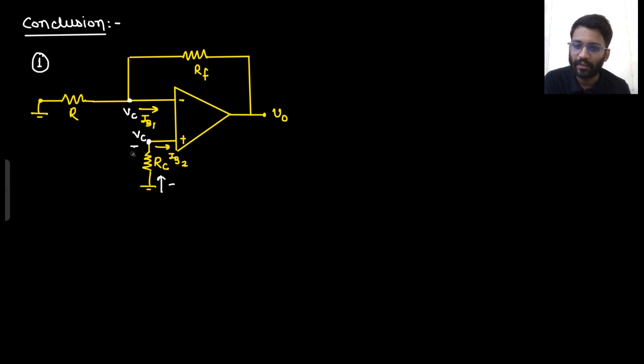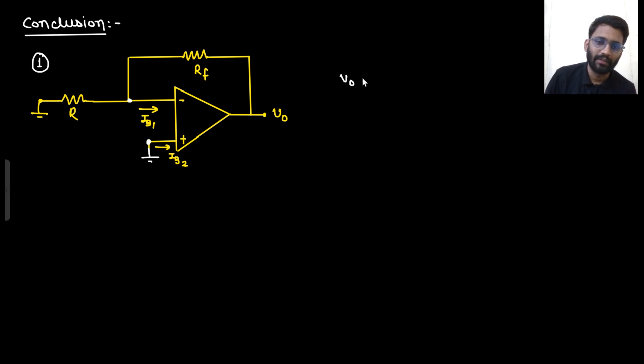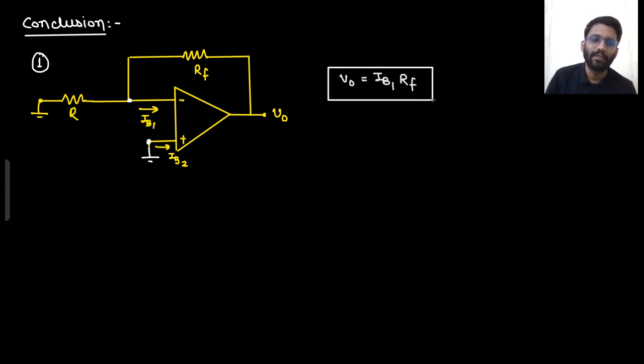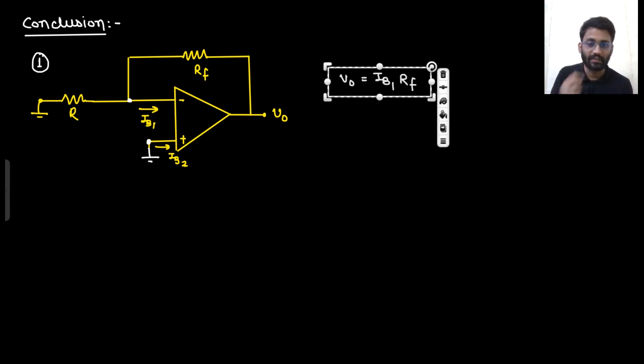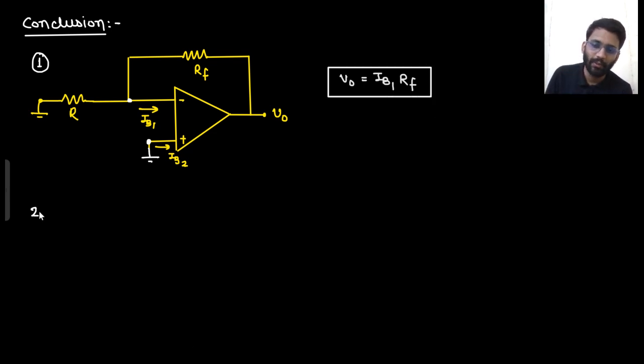In the circuit 1, what I am doing is I am connecting it to ground. There is no compensation resistance. So if there is no compensation resistance, what is your output voltage? Forget about this. Your output voltage is IB1 into RF. This is your output voltage if there is no compensation resistance. Now in the second case, what did you do? You connected a compensation resistance.